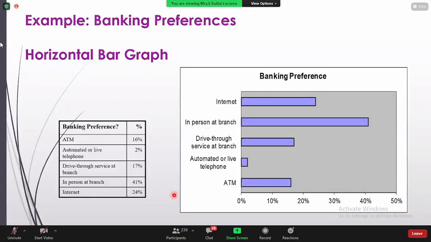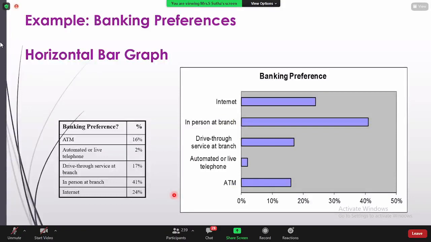So based on this one, what is your decision? Based on this graph and the percentage distribution, what is your decision regarding the preference of banking methods? How can you make the decision?